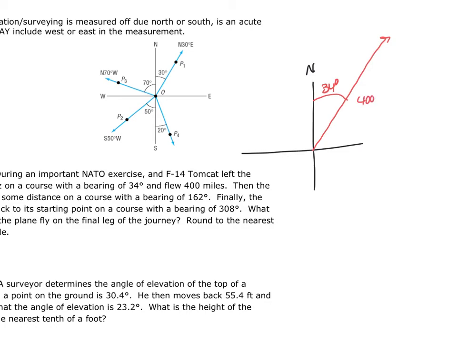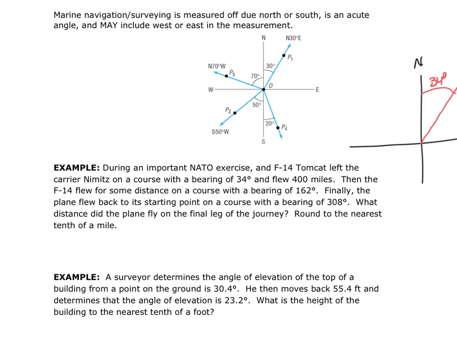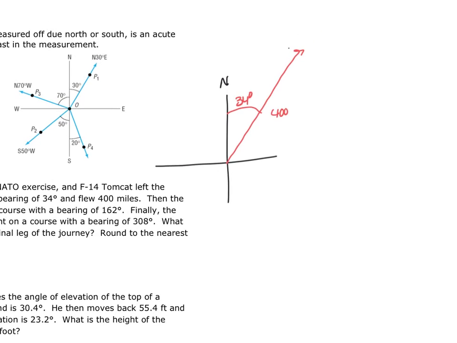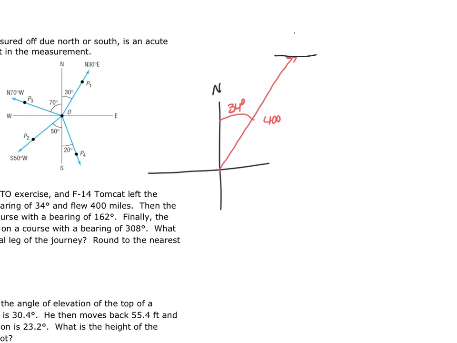Then at some point, I am going to turn and fly at 162 degrees. So I draw my north again right here, and from there I'm going to go 162 degrees off of the north. I'm going to travel down like this, and this angle is 162 degrees off of the north. We have no idea how far this side is.